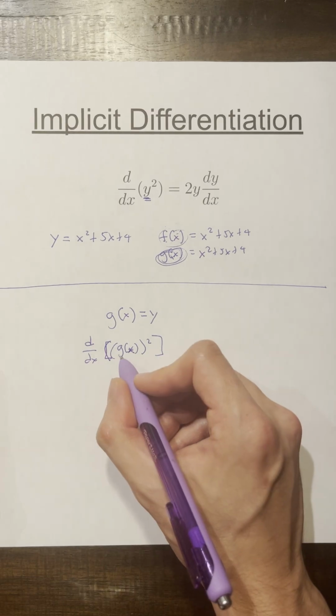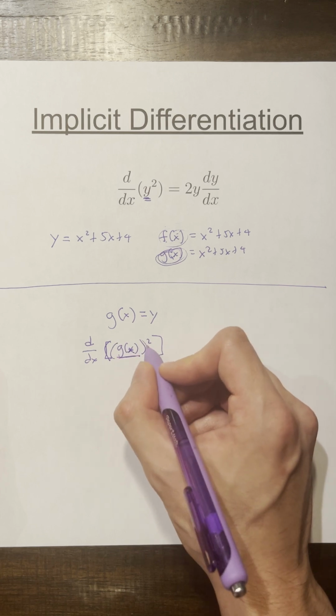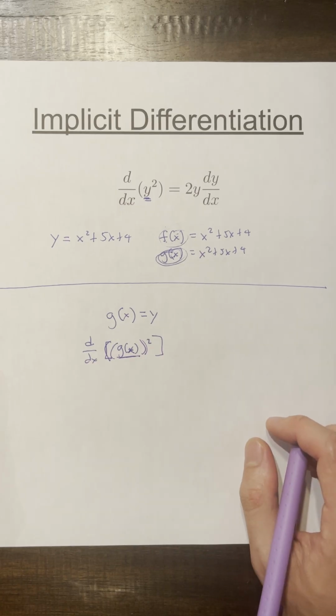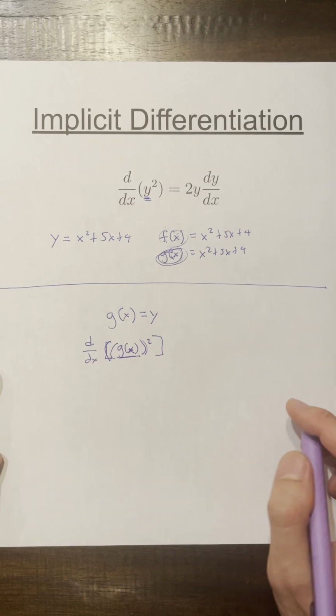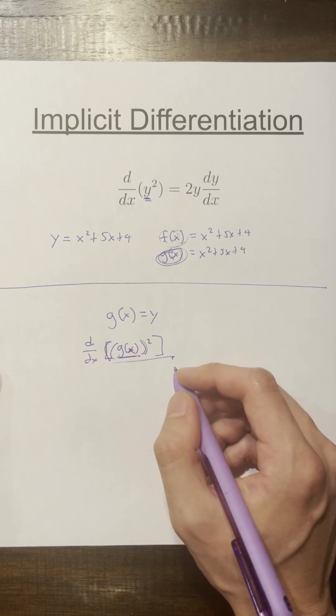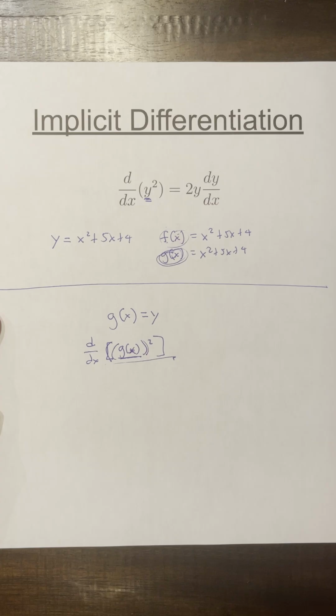So you'll notice that there's a function inside of another function. So if we wanted to find d/dx of this, what rule might we want to use? We might want to use chain rule.